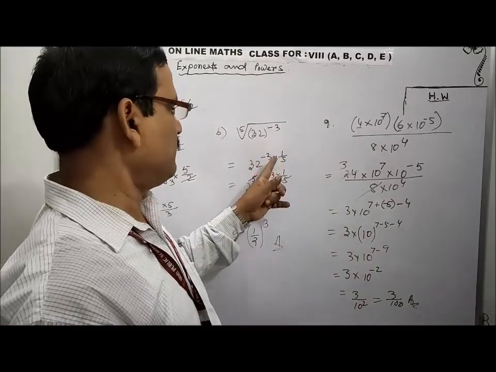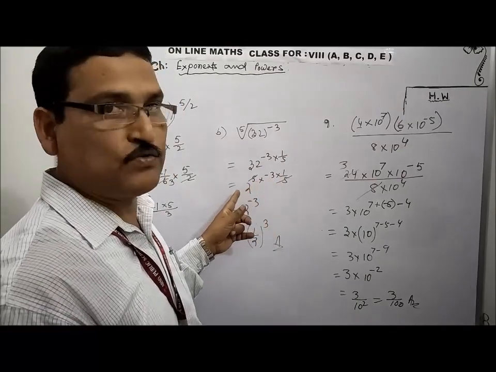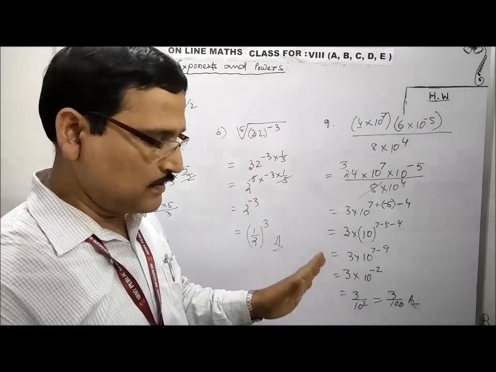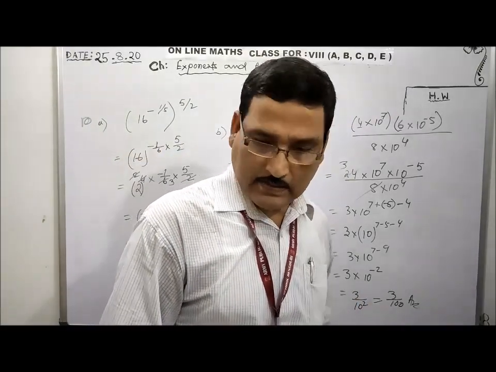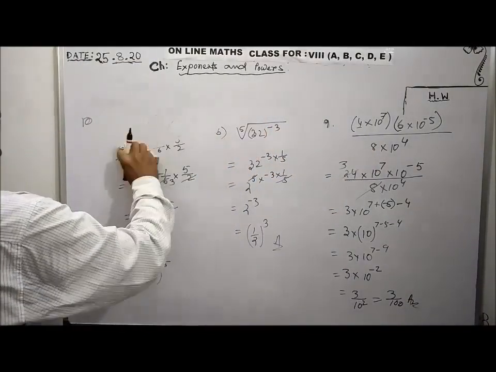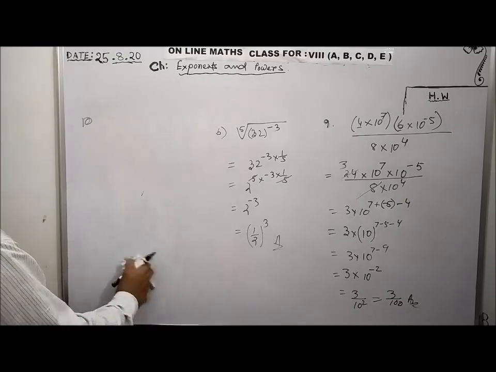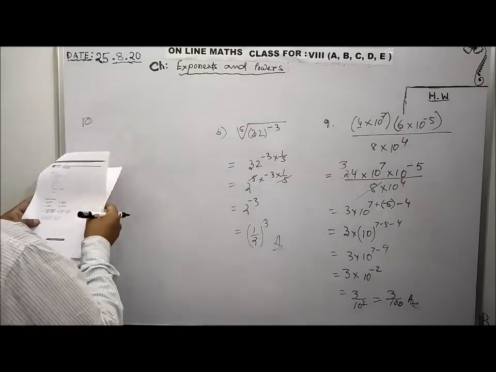So for radical form, first convert into exponential form and try to reduce the base in terms of power, and you will get some part getting cancelled. Okay. Now this is the last question of radical form. The rest you will practice. I am uploading this file. You can do it. Okay.